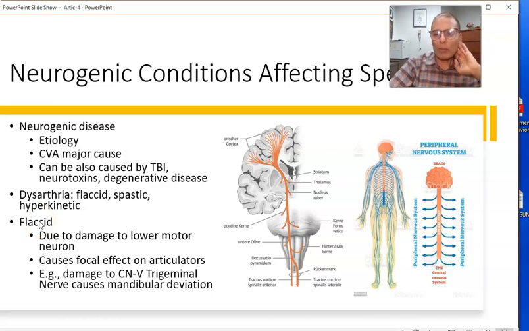It affects multiple systems in the motor system, where the muscles are not receiving the signals and they're not responding well. Some persons might have paralysis or hemiparesis or weakness. In some cases, they have muscular rigidity.